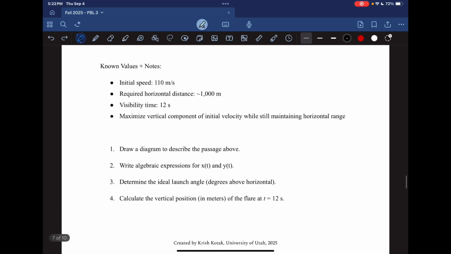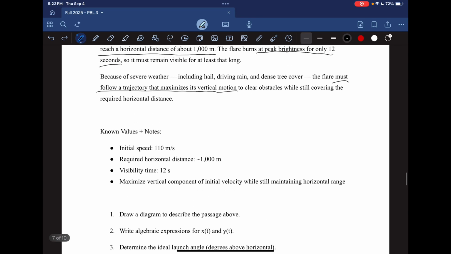I'll remind you that we know that the visibility time is 12 seconds. So they'll launch it and it will immediately start burning at peak brightness, and then it has to remain visible for 12 seconds.